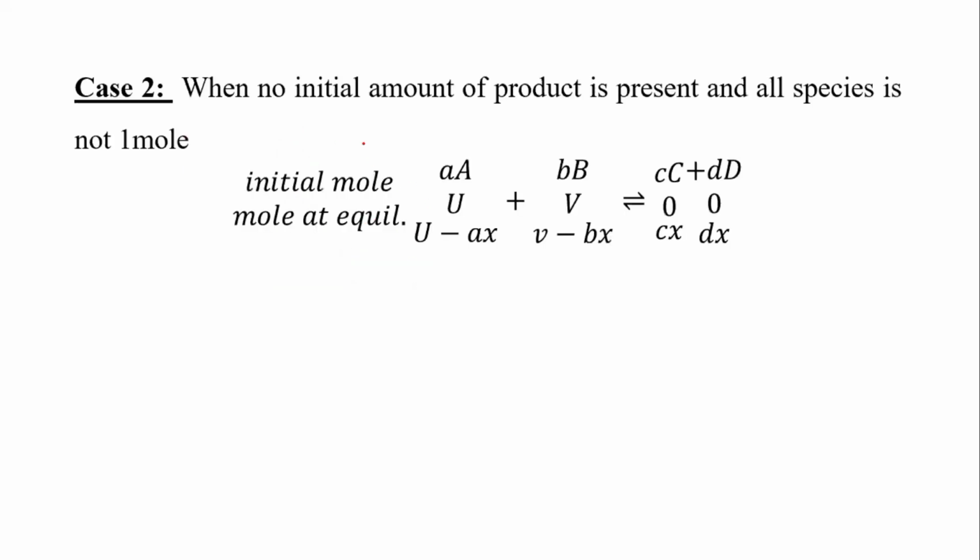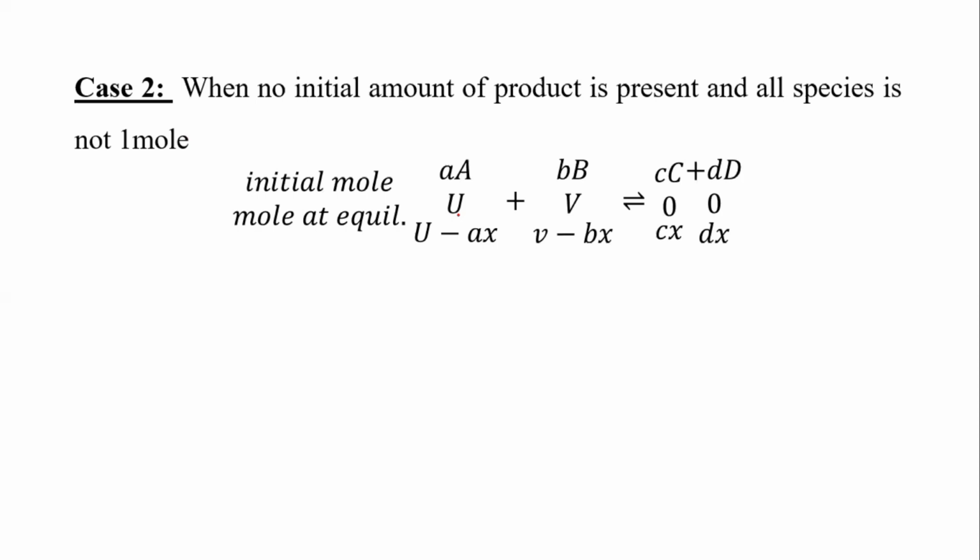Now let's go to case 2. Case 2 is when no initial amount of the product is present and all the species are not 1 mole each.